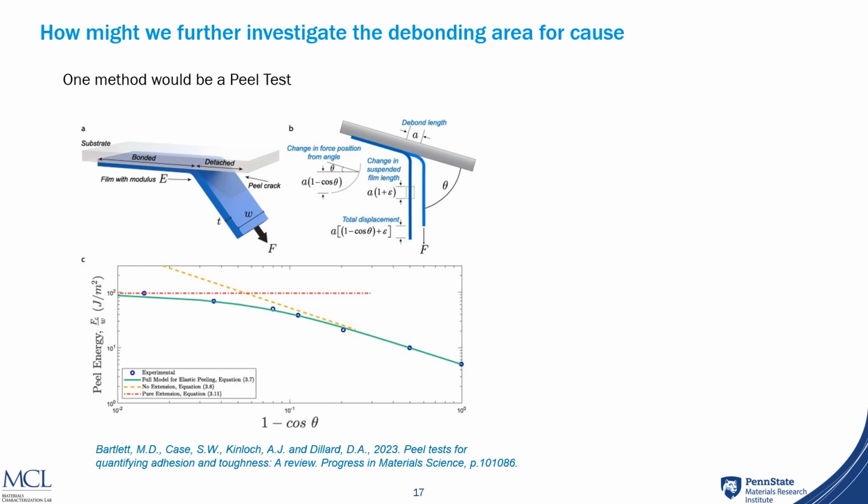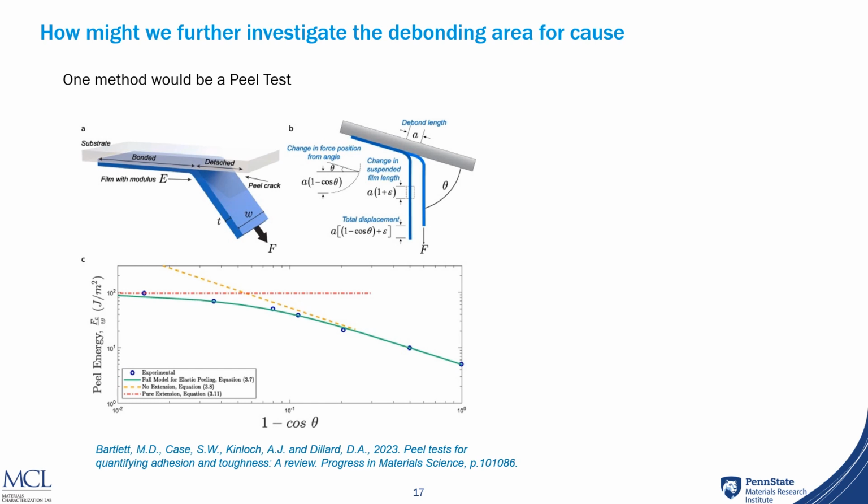Once we have those failures, we may want to go back and try to have an idea of what was going on. So earlier I was showing the nano indentation, and that's one way to look for your failure. A more traditional way of trying to get an idea of how the films may be bonding is just doing a peel test.